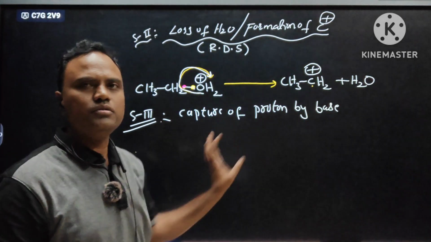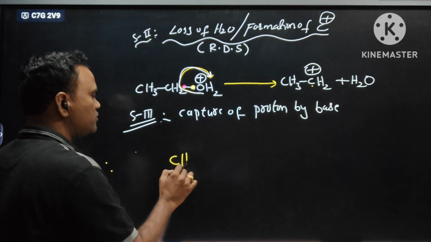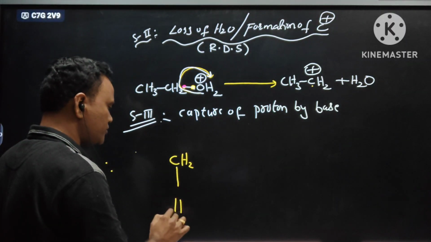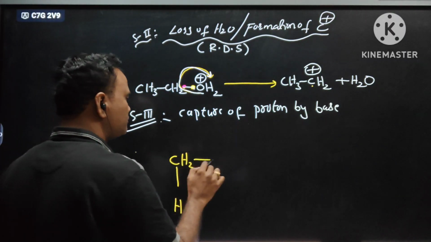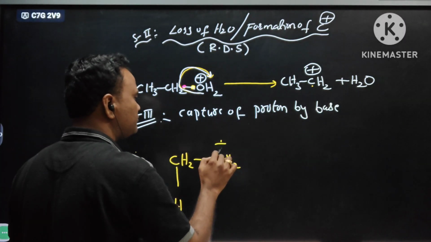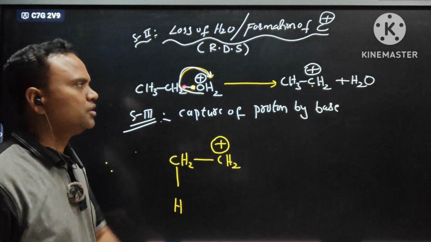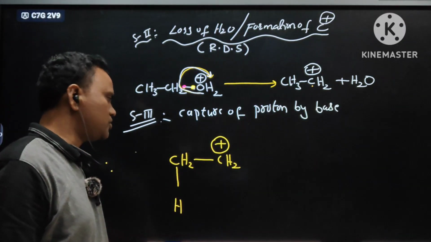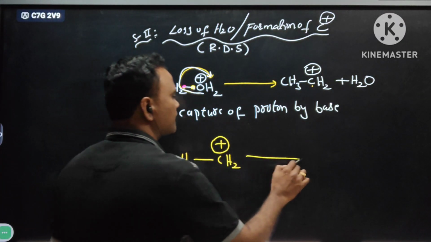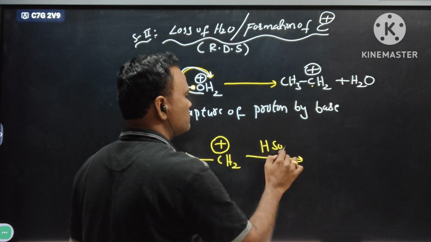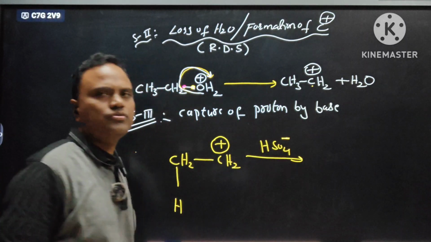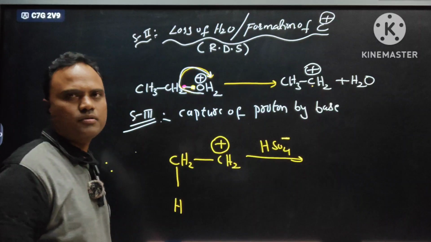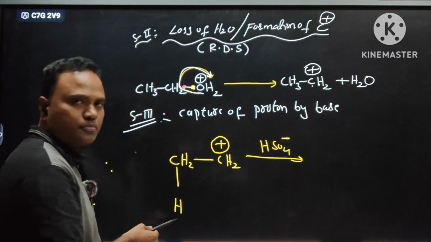Take this as easily, but one small change: CH3 can be written as CH2 and H. HSO4 minus, this base, captures this proton.